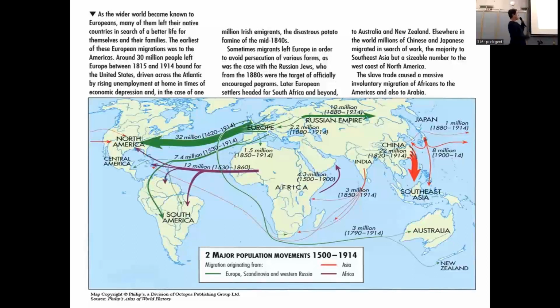Now, this number of 32 million Europeans moving to the Americas between the 17th and the beginning of the 20th century seems to dwarf the other figure that is right below, both geographically and in terms of numbers, the 12.5 million Africans we know were kidnapped from Africa and trafficked into the trade in enslaved people to the Americas.